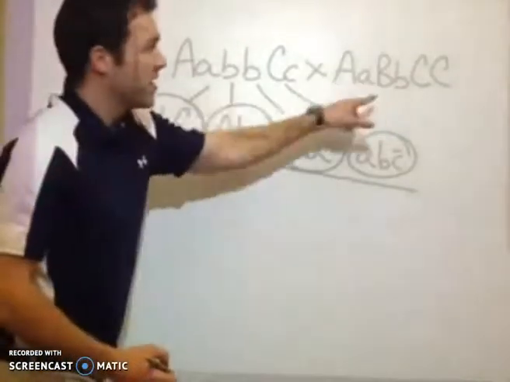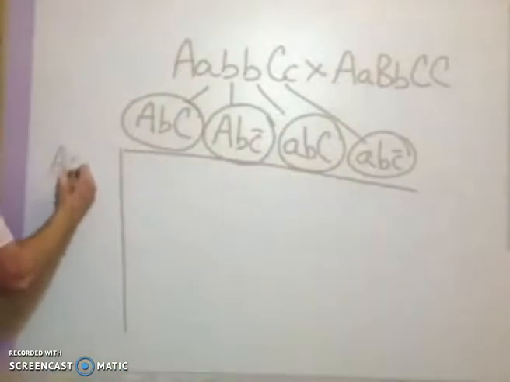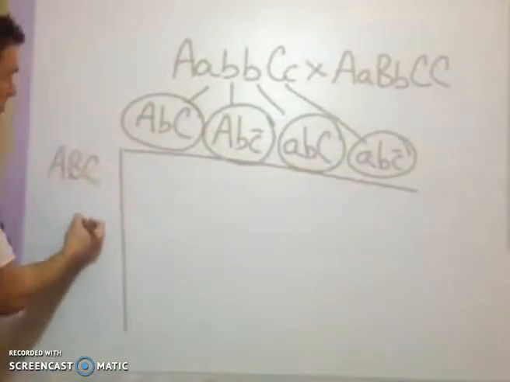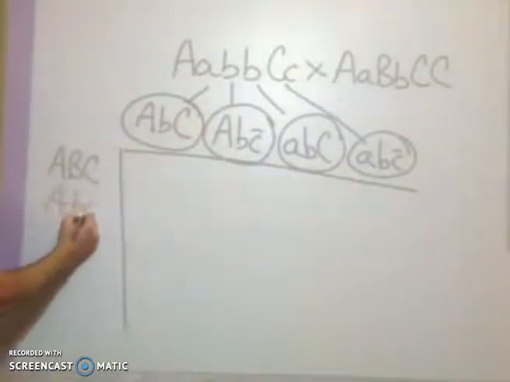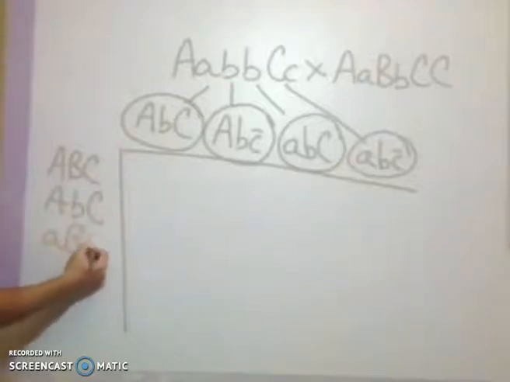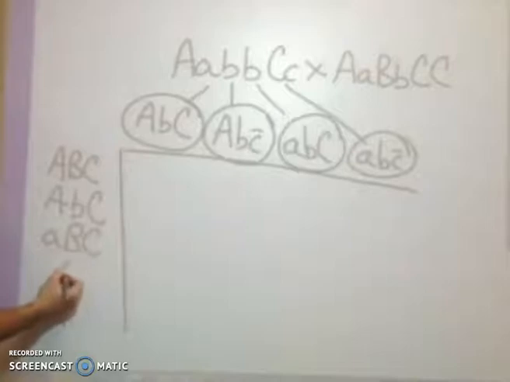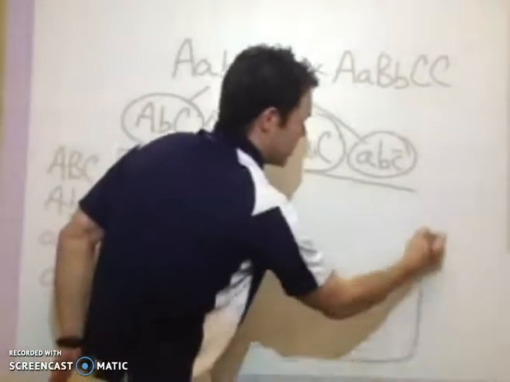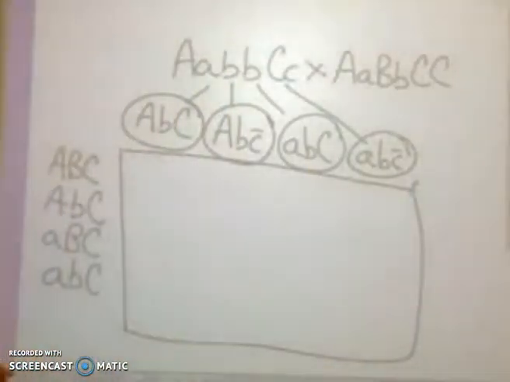So the first combination this parent can produce, dominant, recessive, dominant, and finally recessive, dominant. So this is how you would have completed that tri-hybrid.